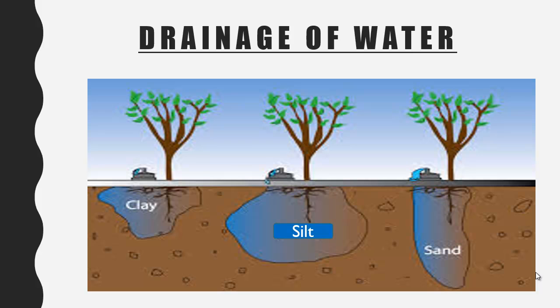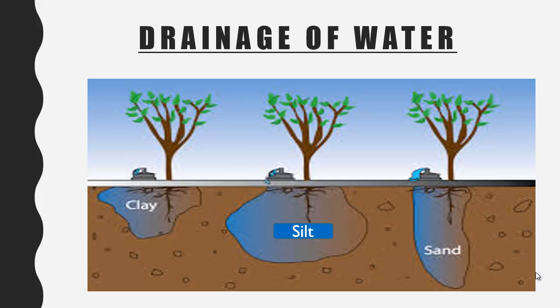So, from the photo, we can say the water in the sand soil can move and travel for a long distance, and that's called drainage. Drainage in sand soil is fast, is very fast.